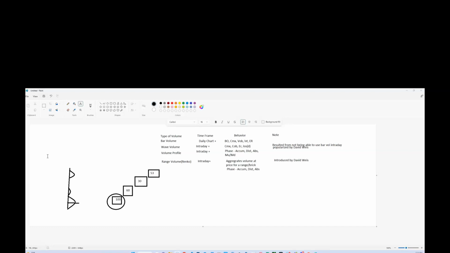I had gone through it a while ago, and basically he pointed out that across the level, he was looking at the volume. So this is something that he did do, although I don't know who takes the credit for volume profile. This is not something that's new. Volume was looked at across a particular price.